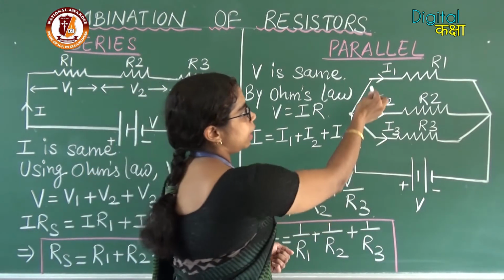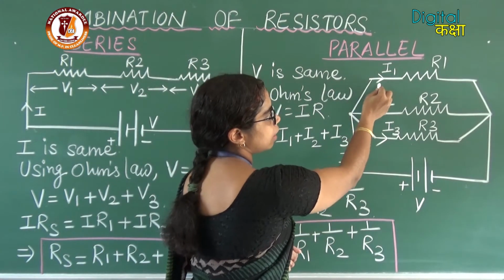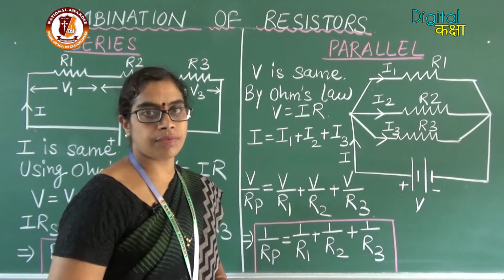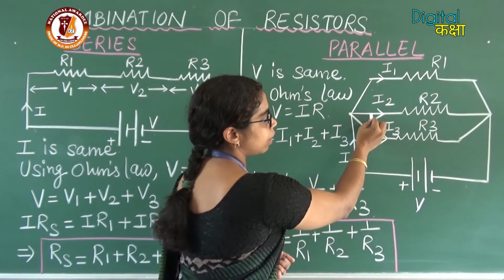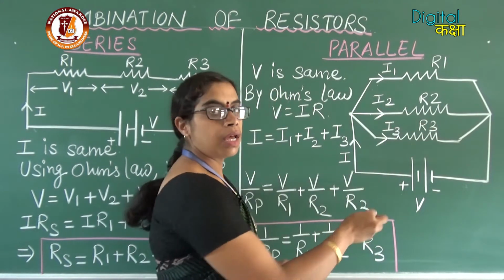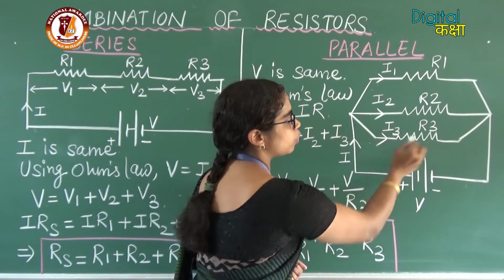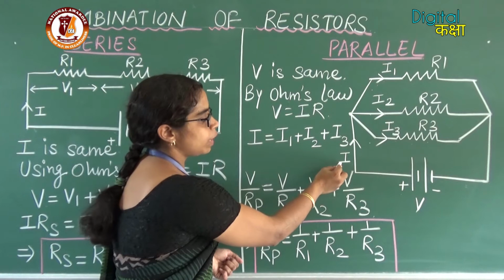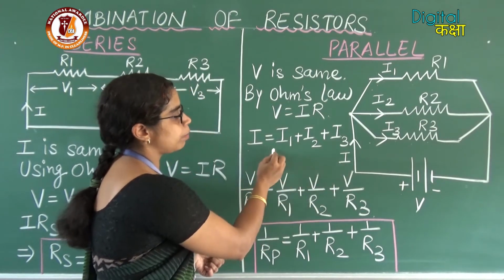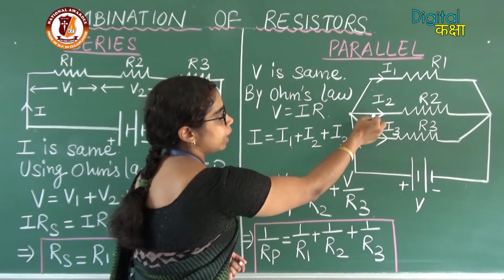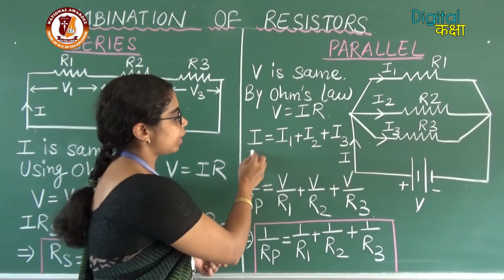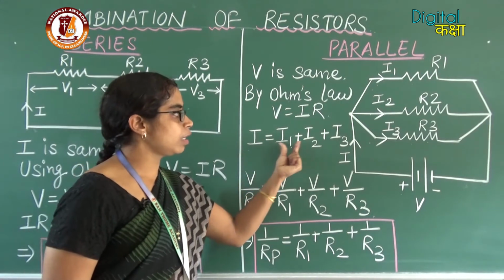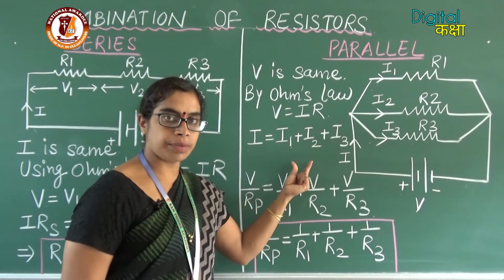Let I1 be the current flowing through the resistor R1, I2 the current flowing through the second resistor, and I3 the current flowing through the third resistor. So the total current is obtained by adding these three currents, which is given in mathematical form as I is equal to I1 plus I2 plus I3.